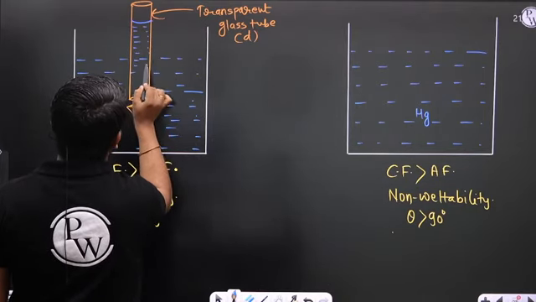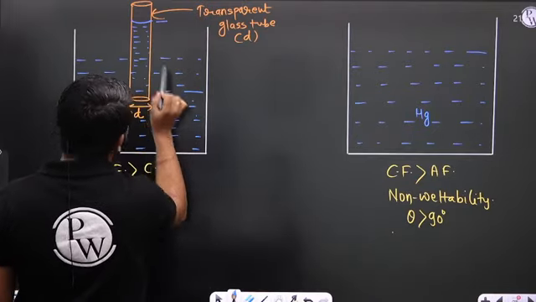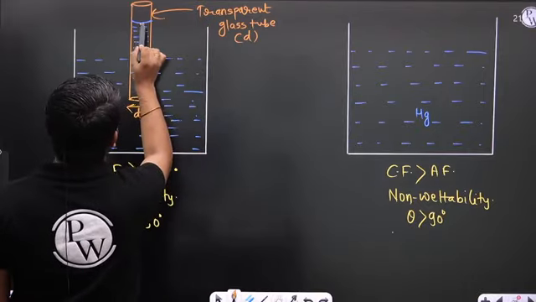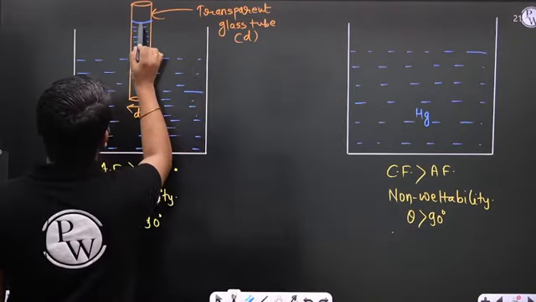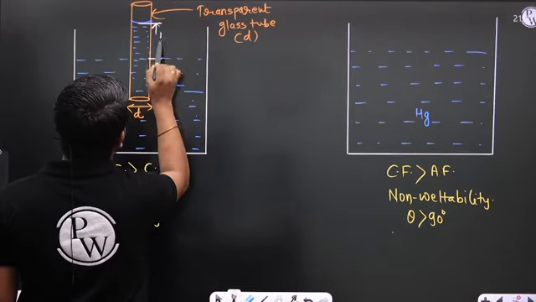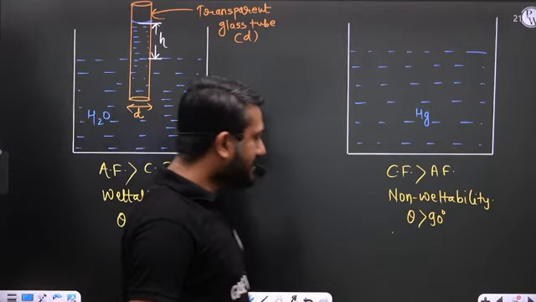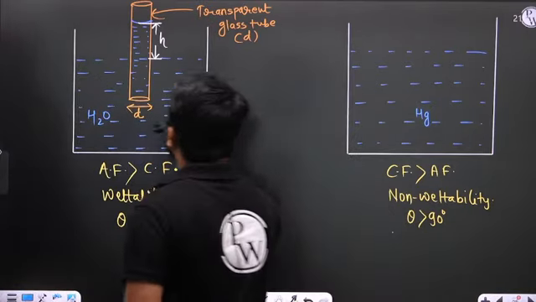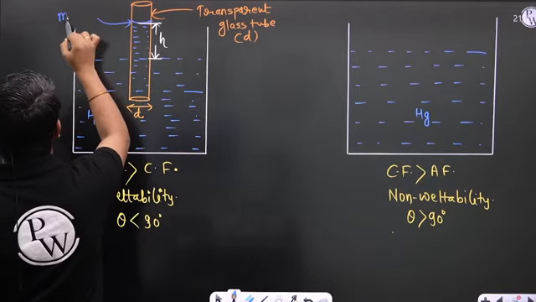From here to here, this is the capillary rise, and this is called the meniscus.